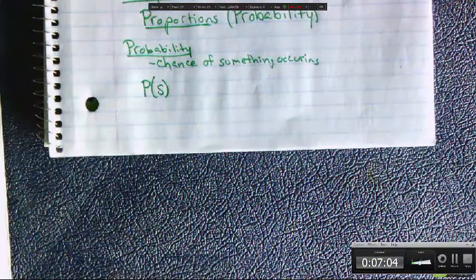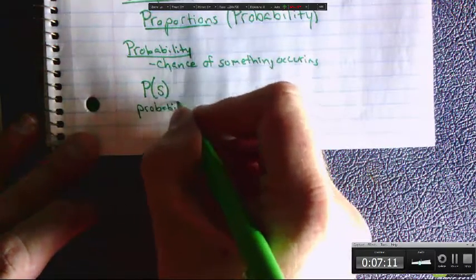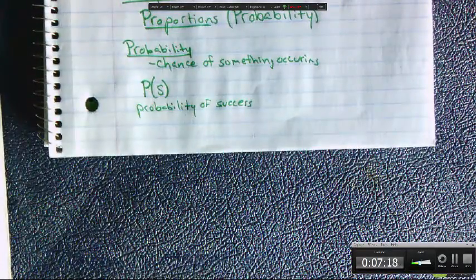P of S can be read as the probability of success. So if we're talking about flipping a quarter and we want to say how many heads are there, we can write that as the probability of landing on a head.